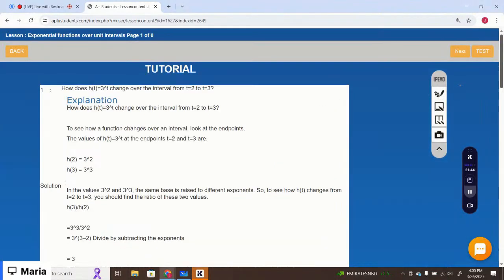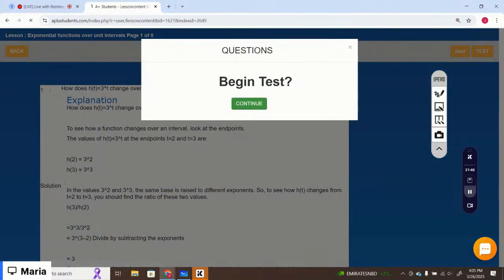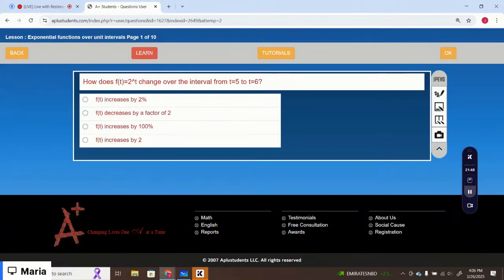Let's just start with the test questions. How does the function f of t equals 2 exponent t change over the interval from t equals 5 to t equals 6?